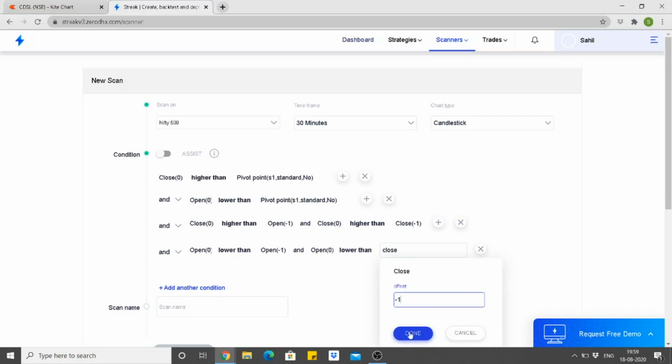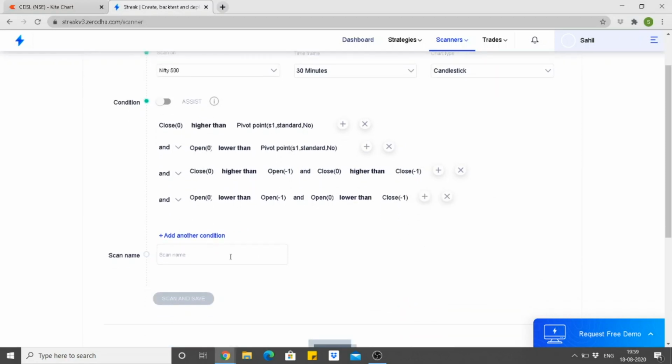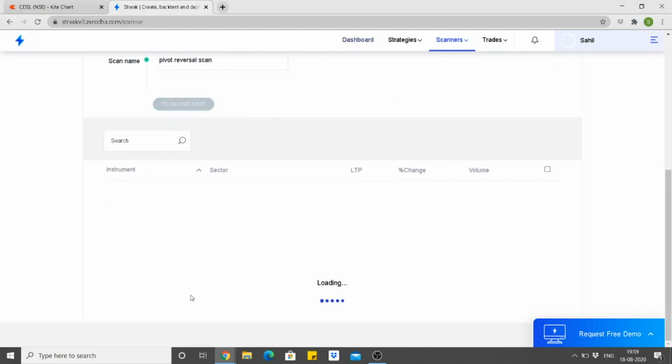Okay, we have now completed the conditions for our scanner. Let's give this scanner a name, pivot reversal scan. Let's scan and save.